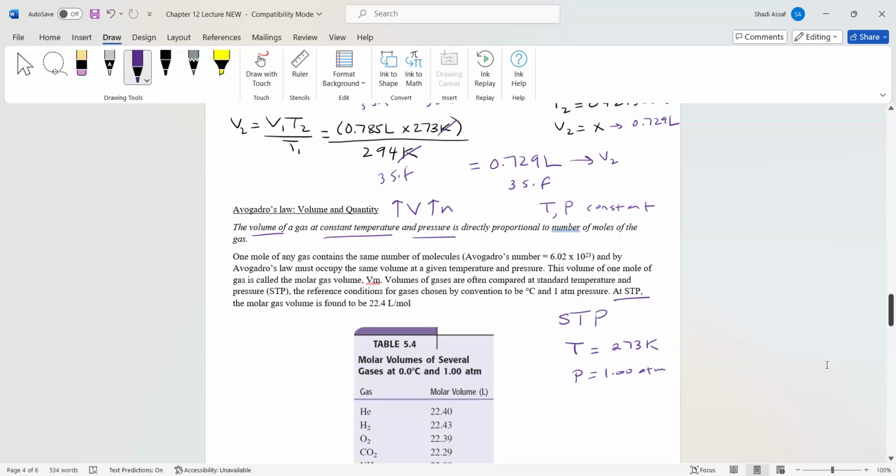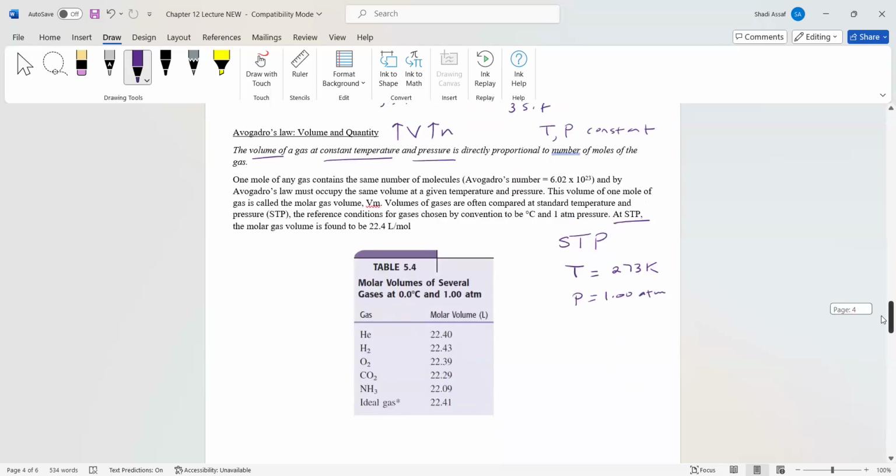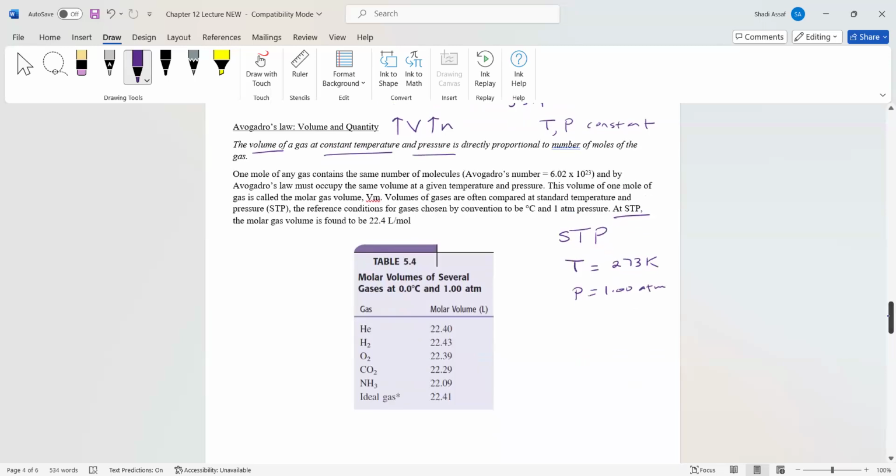So notice basically what it's saying. What it's saying is that if you get the same volume for a set of different gases, helium gas, when you buy helium balloons, hydrogen, oxygen, carbon dioxide, and ammonia. These are different gases.